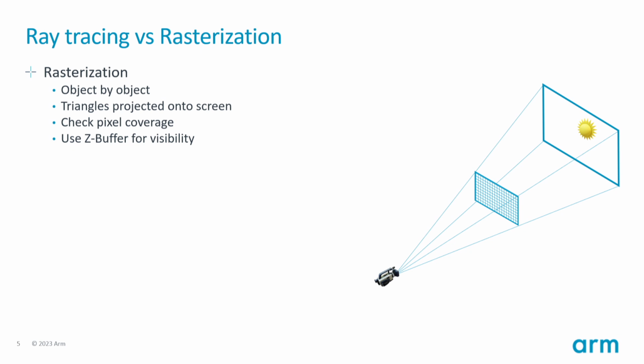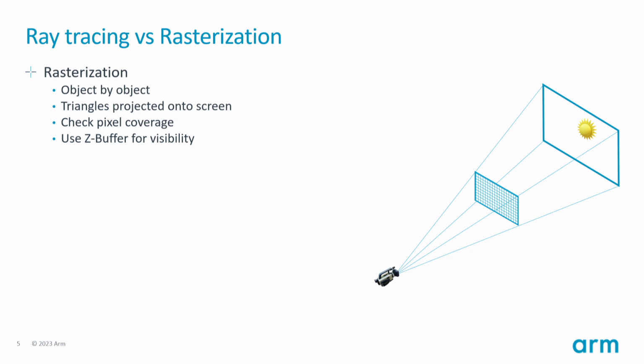So first, let's talk about the typical computer graphics scenario, the rasterization pipeline. We will have a camera, a light source, and a 3D object containing the scene we wish to render. With the traditional rasterization approach, we submit the work to the GPU object by object. We transform and project the geometry as triangle primitives onto the screen.